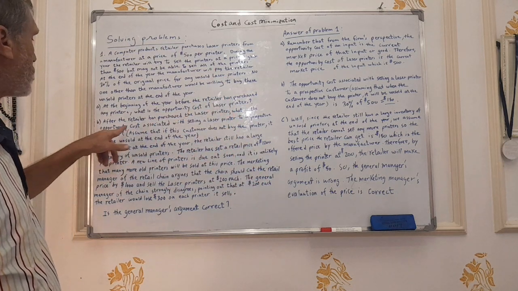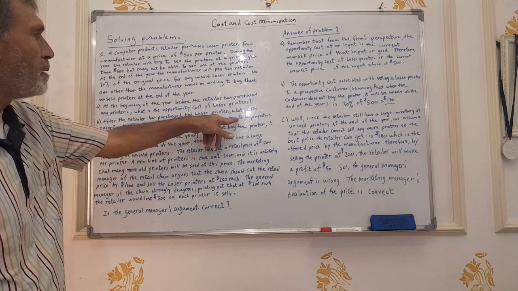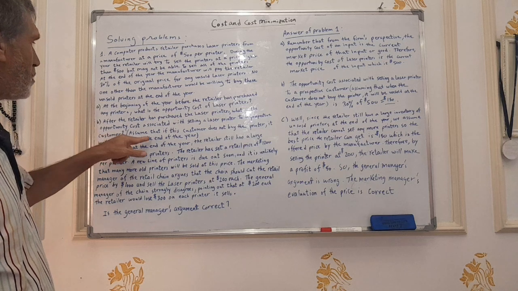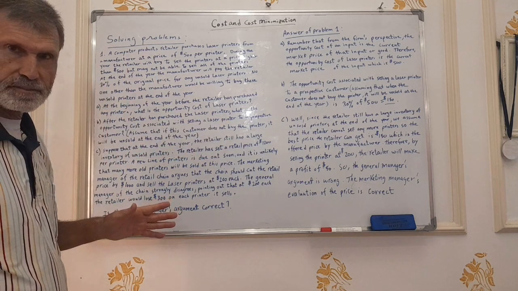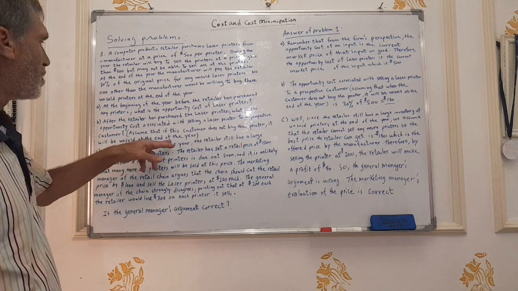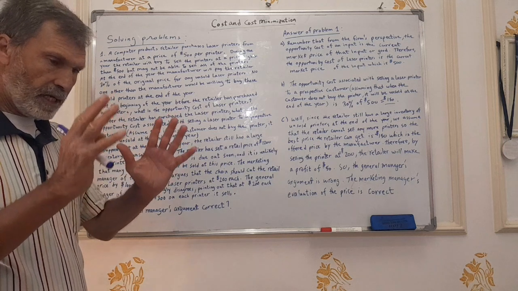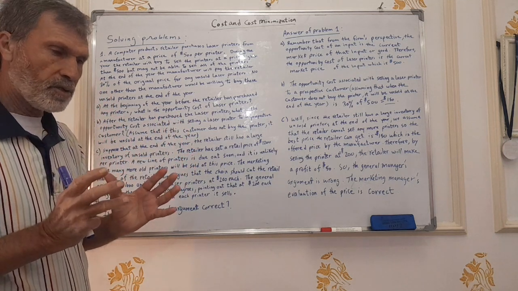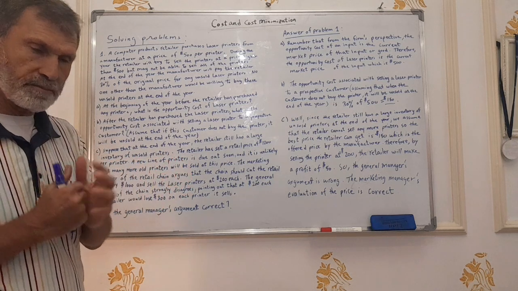Now, B: after the retailer has purchased the laser printer, what is the opportunity cost associated with selling a laser printer to a prospective customer? Assume that if this customer does not buy the printer, it will be unsold at the end of the year. Remember, we said opportunity costs are forward-looking.